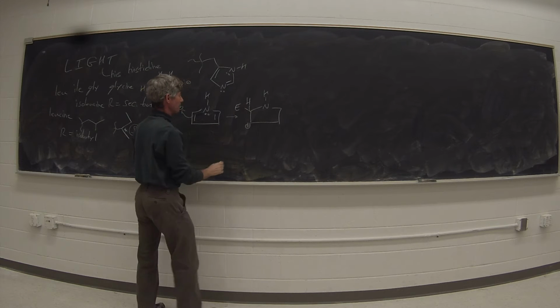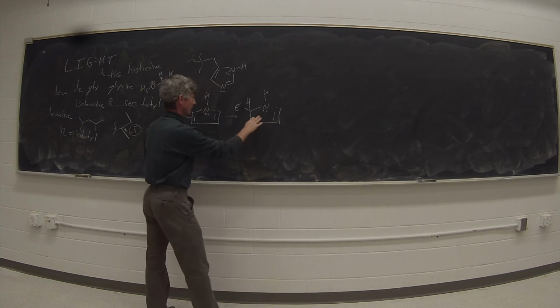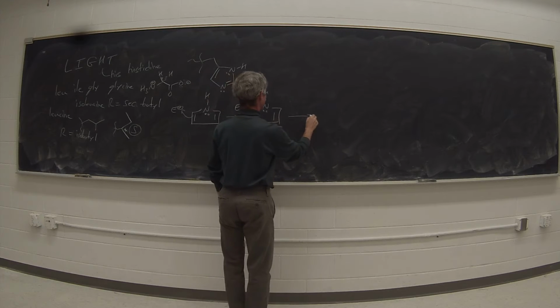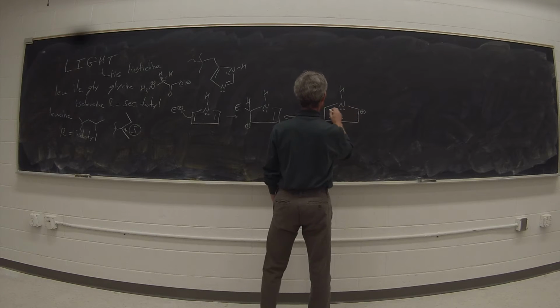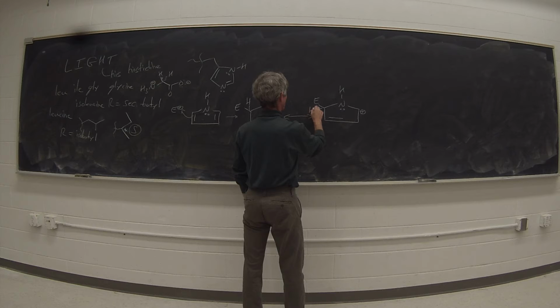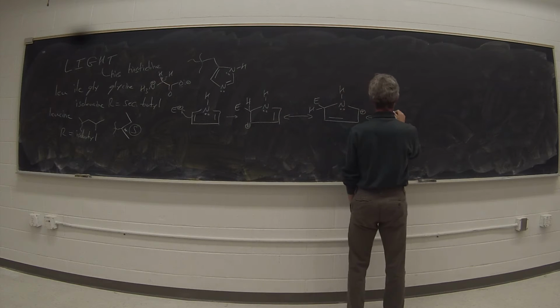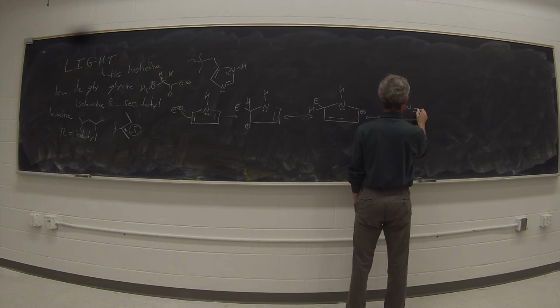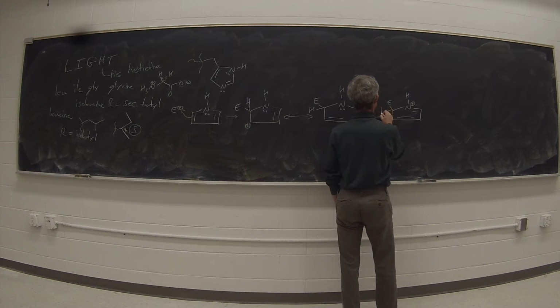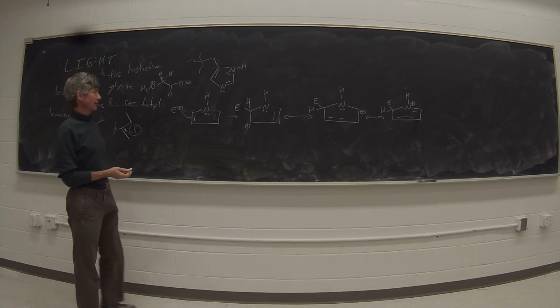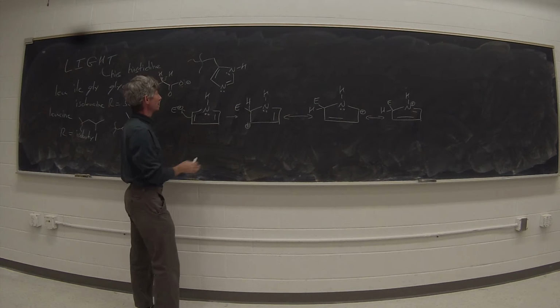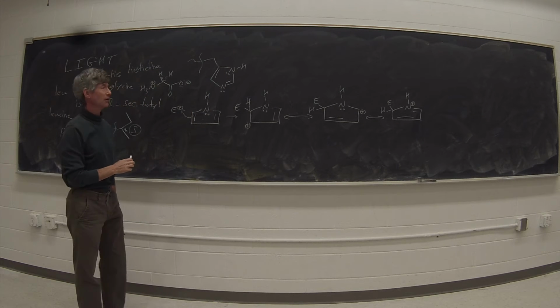If I put an electrophile here, I can write two additional resonance structures that delocalize the charge onto the carbon adjacent to the nitrogen, and then onto the nitrogen itself. So for the same reason that pyrrole likes to be attacked at C2 adjacent to the NH, imidazole also likes to be attacked at C2.